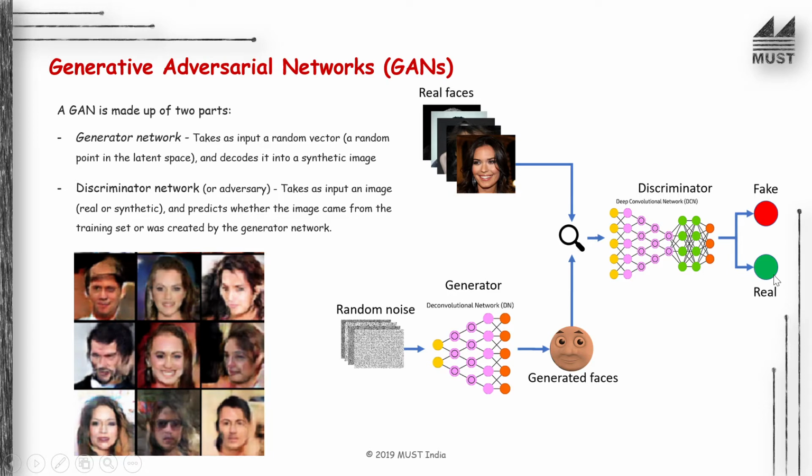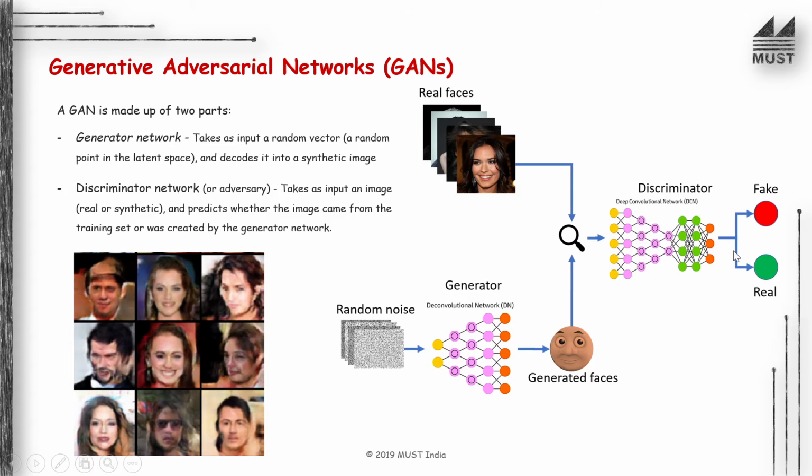Based on this output, it goes through another round of training. Your training happens at both your generator network as well as your discriminator network. With every round of training, both networks get smarter and smarter.